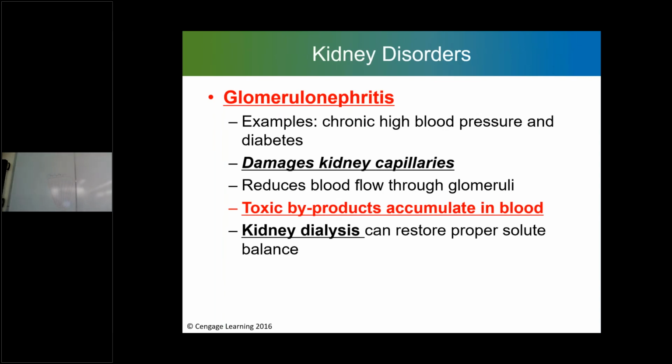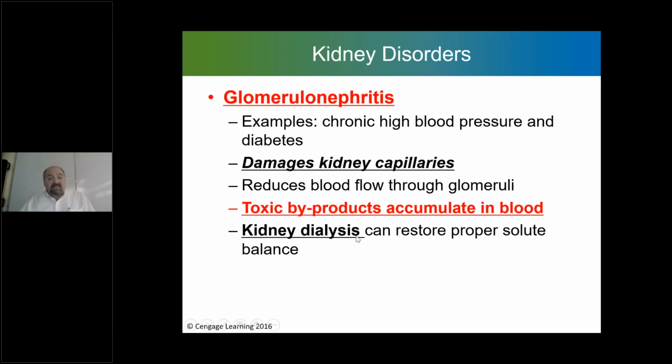Next slide here is glomerular nephritis. As a result of different changes in the body, such as high blood pressure and diabetes, we can damage the tiny capillaries present within the kidneys. This can lead to toxic waste products accumulating in the blood, and this can damage the kidney and its function.